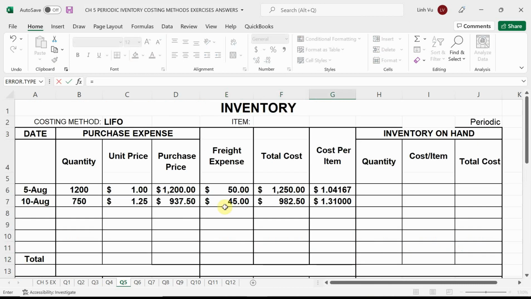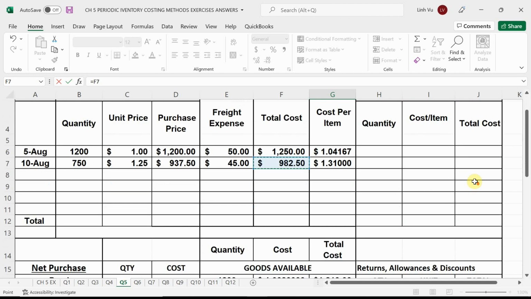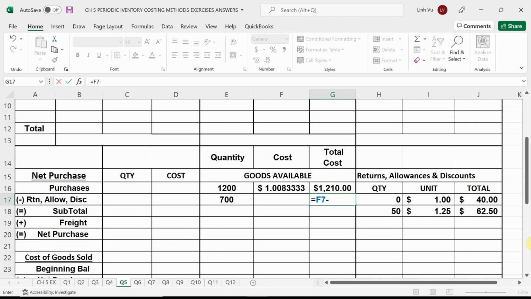And because I got a refund of $62.50, so $982.50 minus my refund of $62.50, how much should be my total cost here? $920.